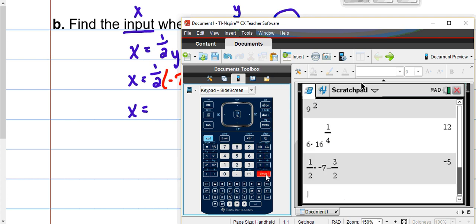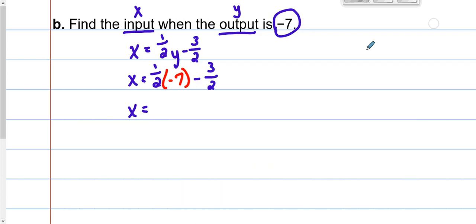Press enter, and you come out with -5. So, right here we have -5. But I need to see where you're plugging that in. So make sure you have those steps written out.